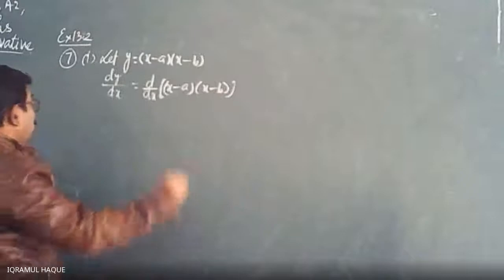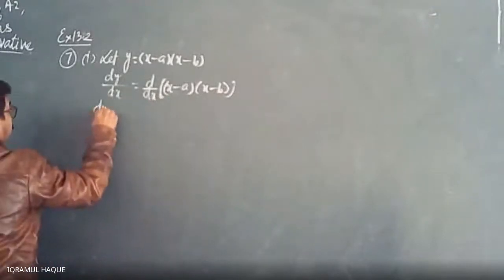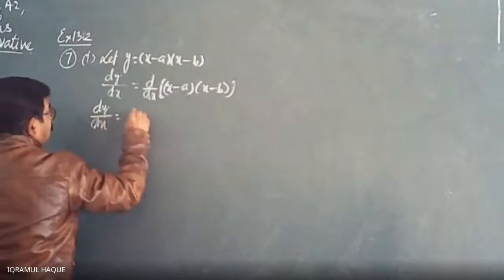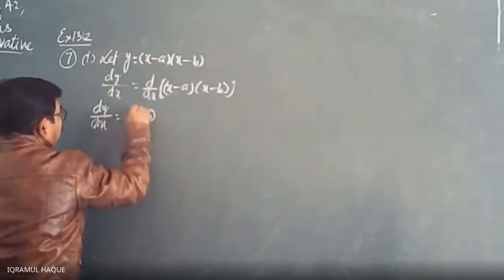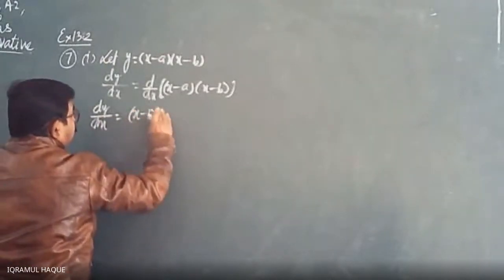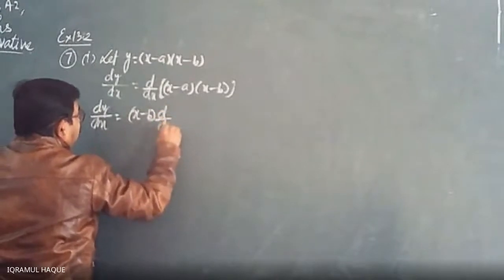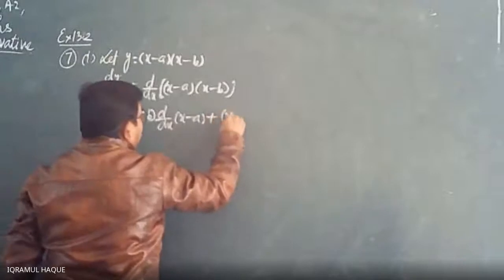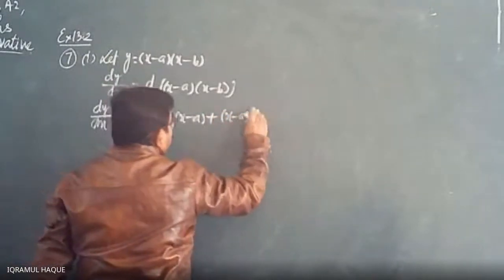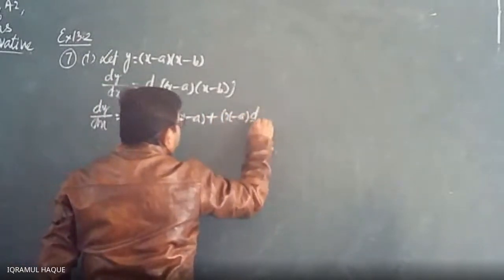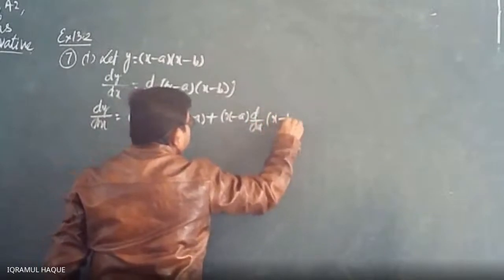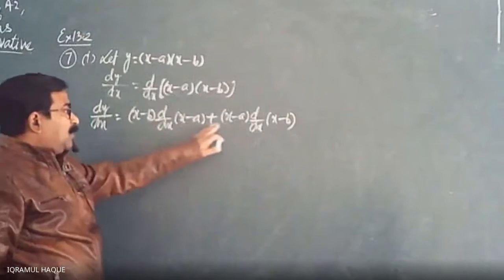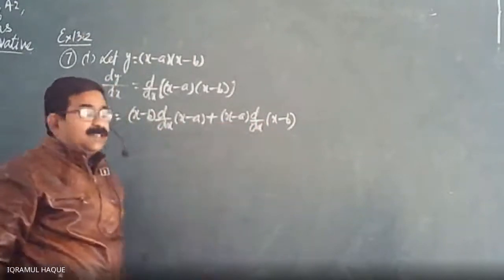UV rule means we can write dy upon dx is equal to (x minus b) into d/dx of (x minus a) plus (x minus a) into d/dx of (x minus b), means second into derivative of first plus first into derivative of second.